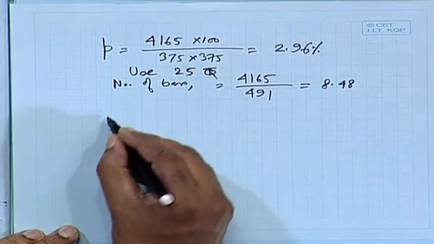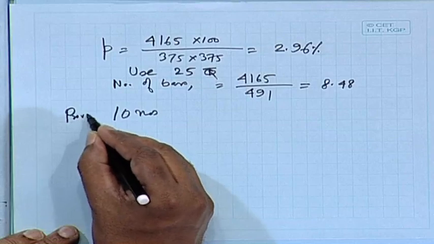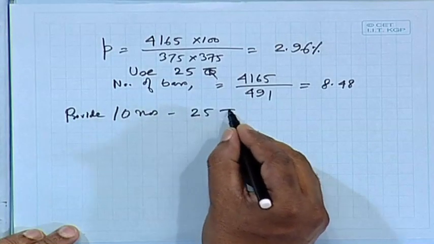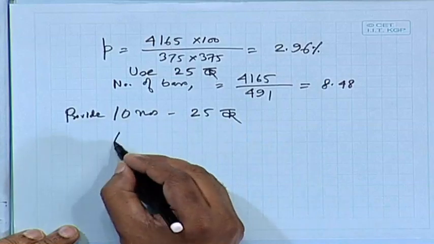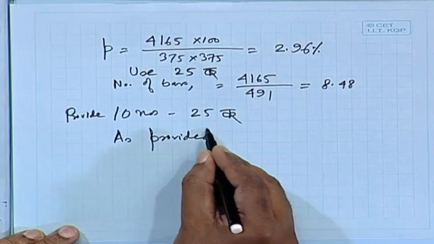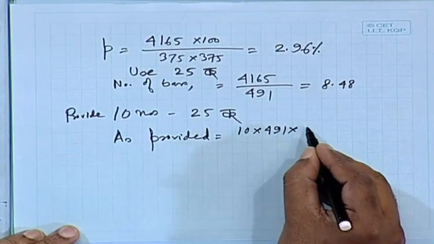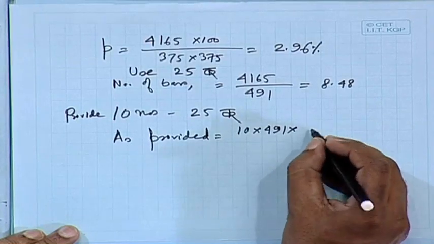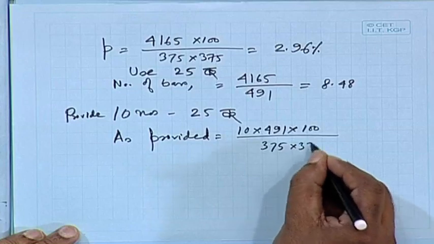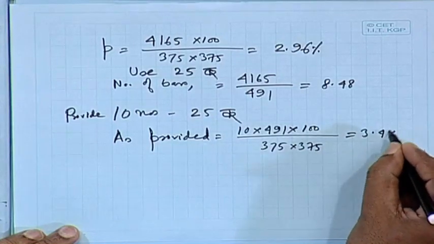We can provide 10 numbers of 25 torr. So, area of steel provided equal to 10 into 491 into 100 by 375 into 375, which comes as 3.49%.